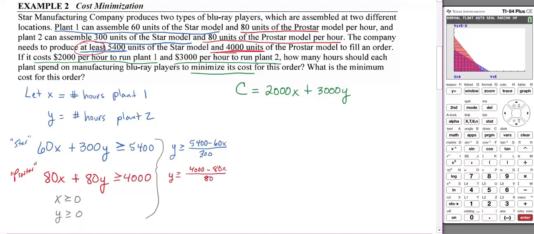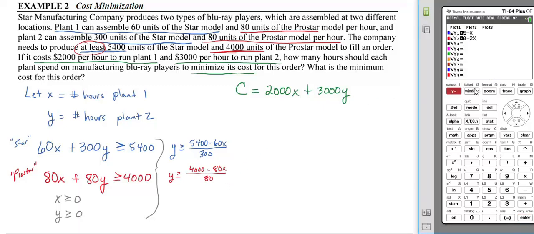You don't really need to worry about simplifying those. You could put those into the calculator as is. And again, these restrict us to the first quadrant, so we'll just put that into the window so we don't see the rest of the plane. We only see that first quadrant.